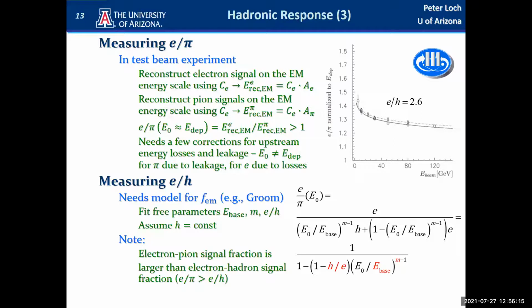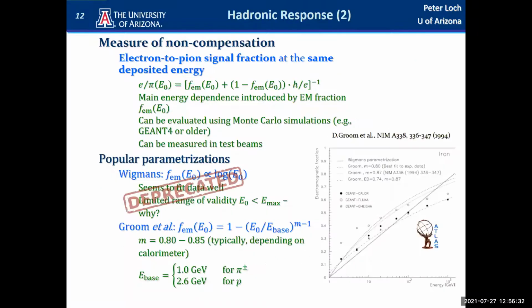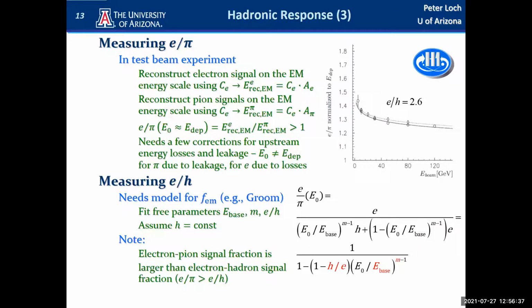It has been deduced from a fit of these curves with the assumption that the hadronic signal is constant, is not energy dependent, which was motivated by this plot, where we see that the invisible and the ionization fraction are identical. So that means that once things go into a hadronic shower branch and don't have electromagnetic subshowers anymore, basically half of that branch is visible in the signal and the other half is not.